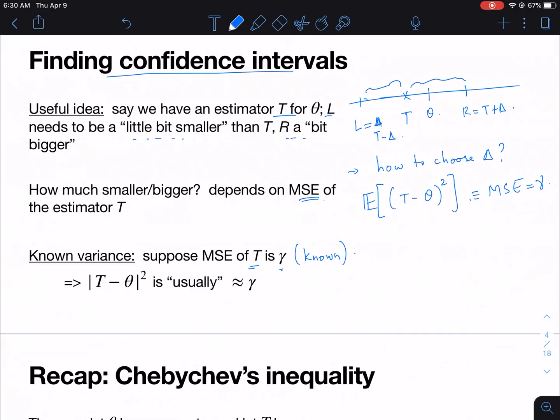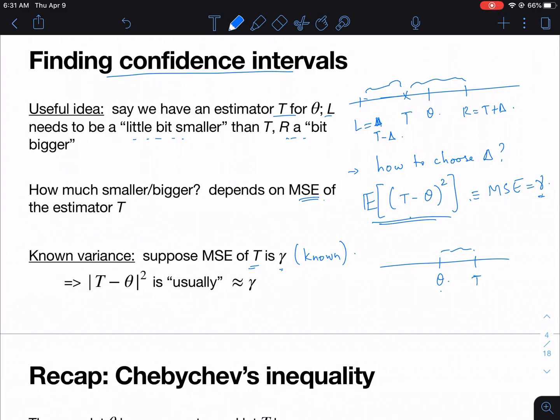So that's the expected value of (t minus theta) whole square. Why is this quantity relevant? It tells us that typically the square distance between this unknown parameter theta and this t is gamma.